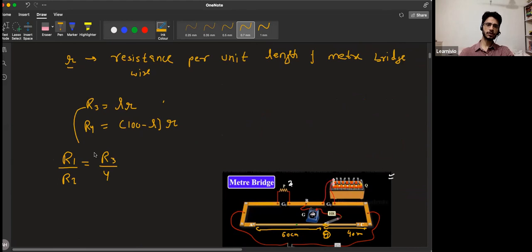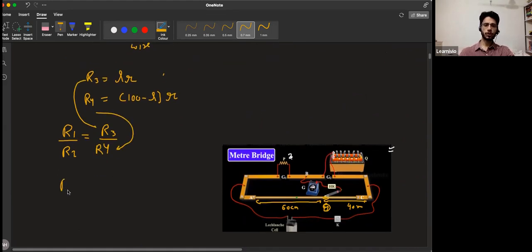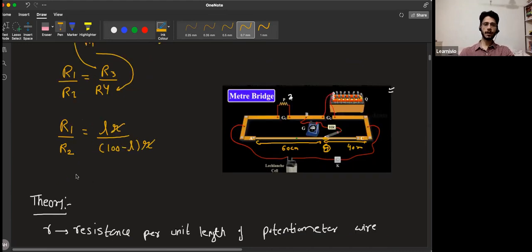We write this R3 here and this R4. So R1 by R2 is L into small r divided by 100 minus L into small r. See, the small r and small r will get cancelled. So you have R1 by R2 is L by 100 minus L.